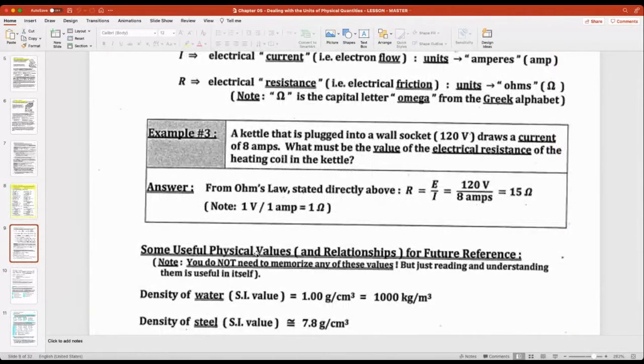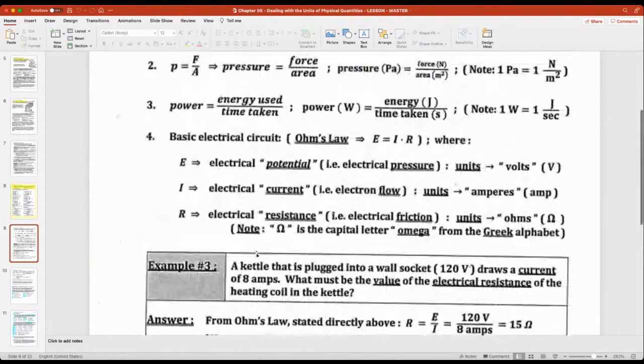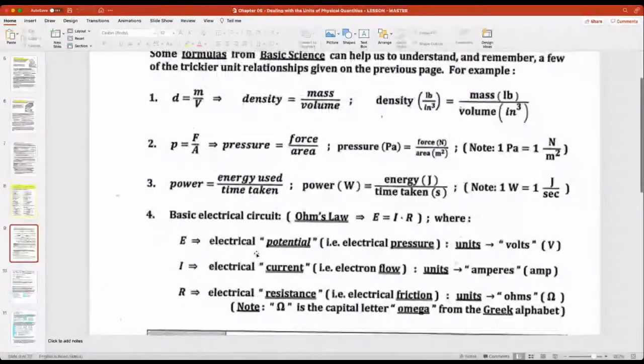So there's other examples here too. One interesting thing is that your background with formulas, from whatever prior experiences, you've probably seen formulas along the way, formulas that are kind of random or scattered from all over the place in science, and they can help you understand units.